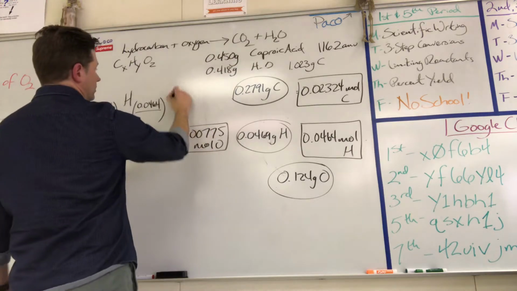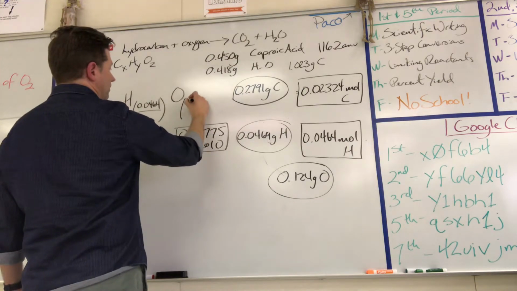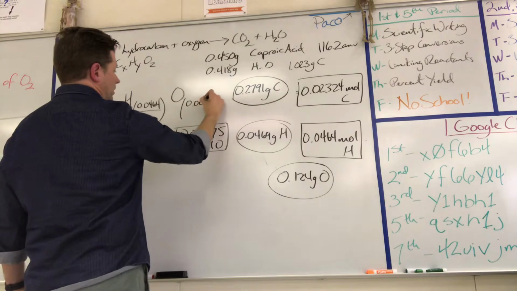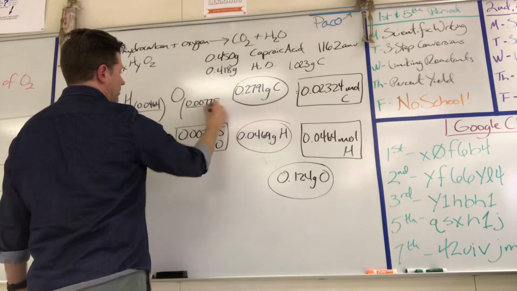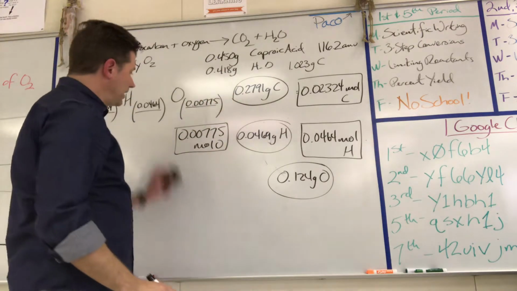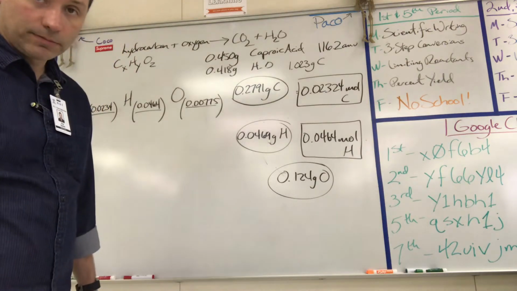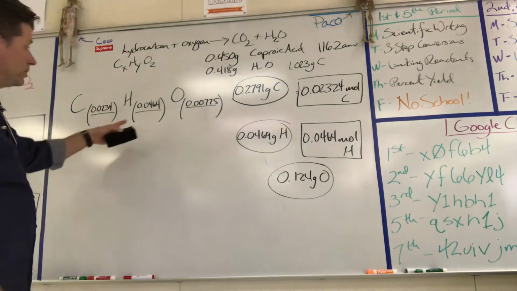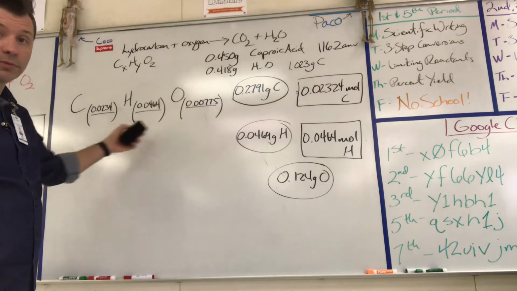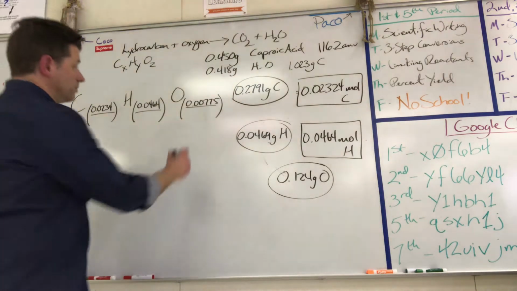And then oxygen, I have 0.00775. And we need to divide these by something. Any ideas? You always divide by the smallest, okay? The smallest is going to be this.